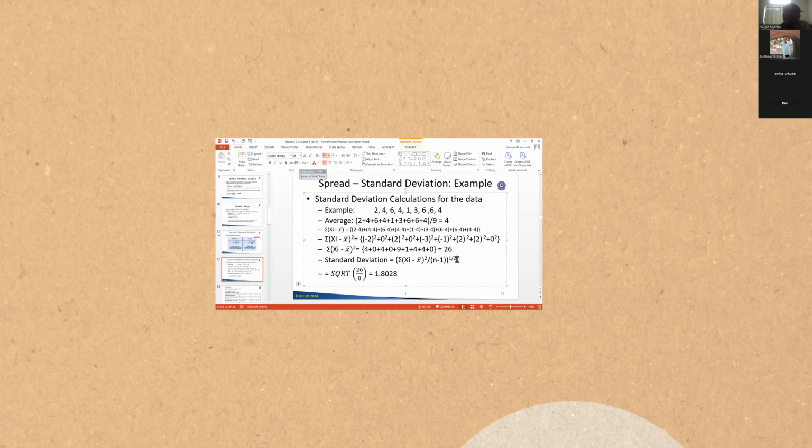Earlier we had to do it manually, and you can see how tedious it was. There are a number of examples worked out here till 4.11 and so on, and it used to be so tedious. But nowadays software like Minitab or even Excel has a lot of capability to do these calculations.